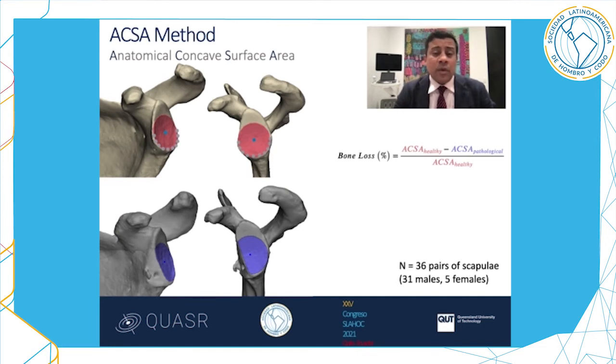Then we marked the inferior rim of the glenoid with 10 concentric points, and then by custom code generated a circle for which the center of the glenoid was calculated, and a sphere was calculated based on this circle. This circle was then overlaid onto the contralateral or the abnormal side, and we were able to calculate the percentage bone loss based on the AXA of the healthy minus the pathological divided by the AXA of the healthy. So we had 36 pairs of scapula, which we used for the study.